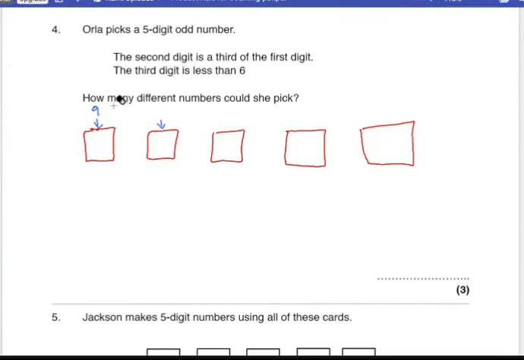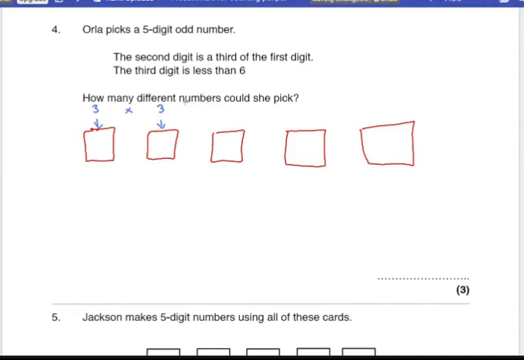That means the first digit only has 3 options too. Because if the second digit is a third of the first digit, the first digit must be divisible by 3. So we can have 3, 6, or 9 in the first digit. So that's 3 options, and the second is also going to have 3 options, because it's going to be either 1, 2, or 3.